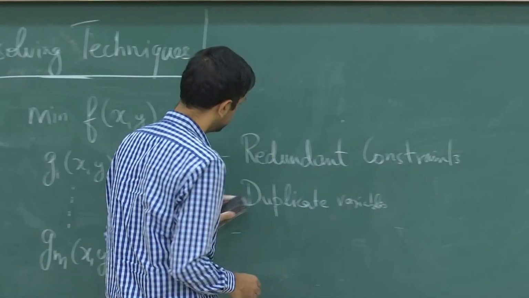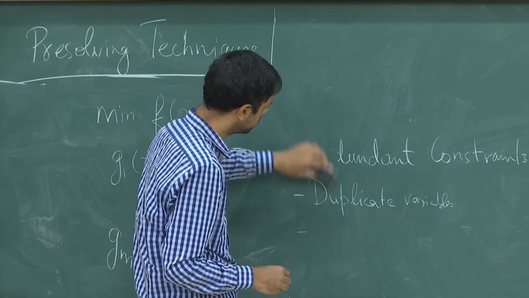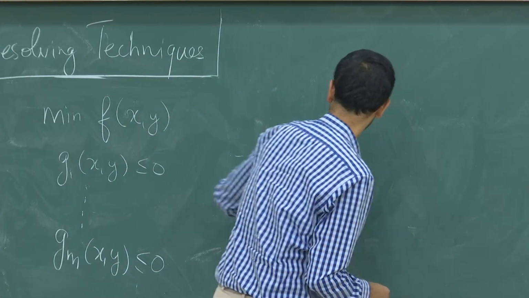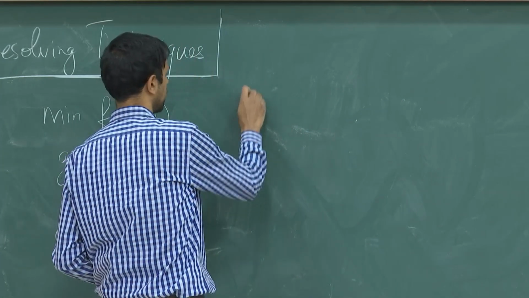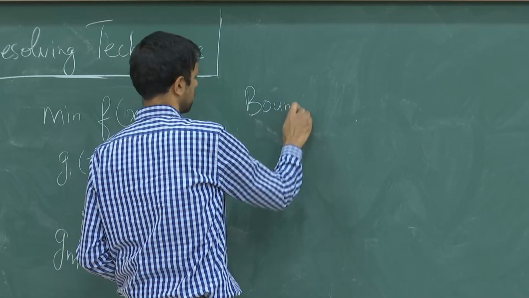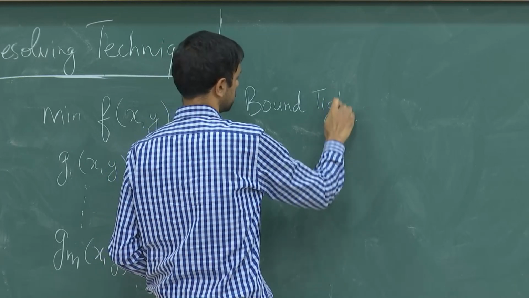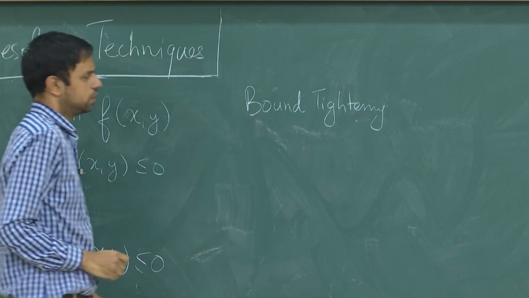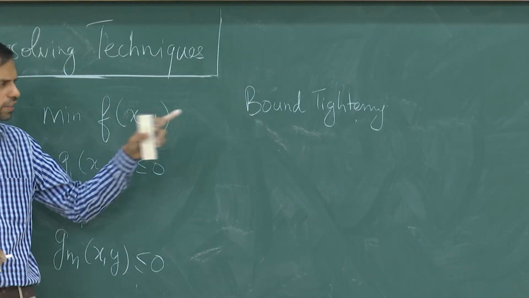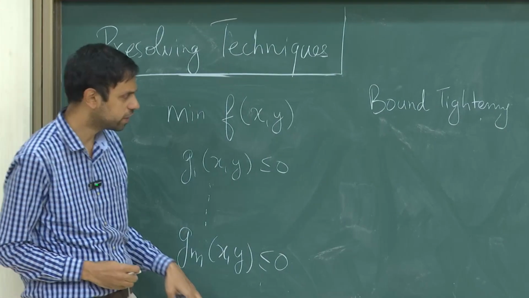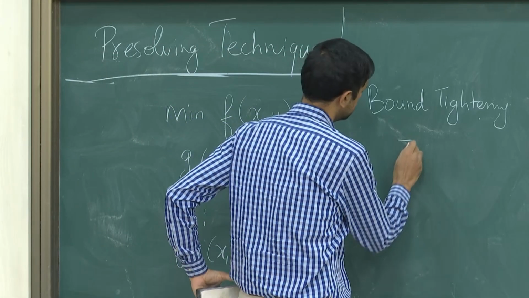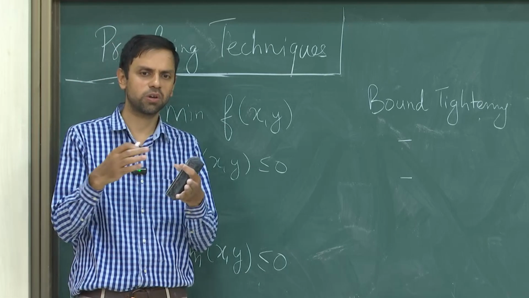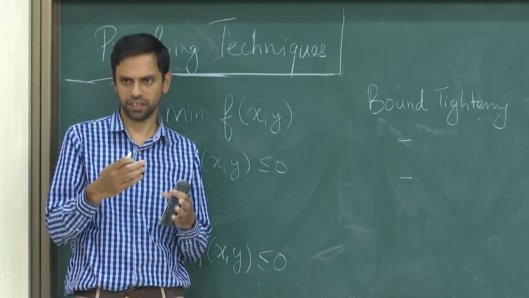Slightly more important and tedious thing is bound tightening. There are two things to do here. One is to find tighter bounds on the range that a variable can take.